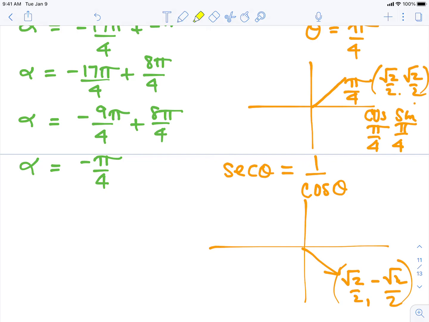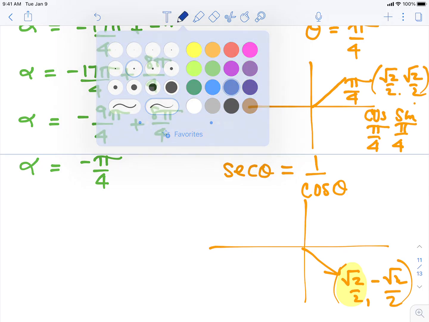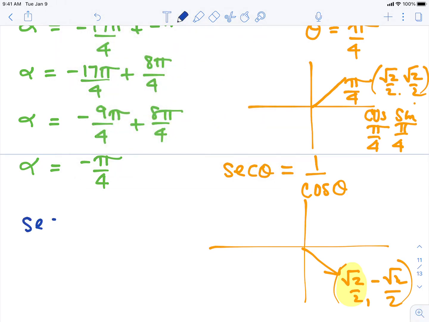And what we're going to do is we are going to take this number right here, which is our cosine value, and reciprocate it. So the secant of negative 17 pi over 4 is the reciprocal of that.